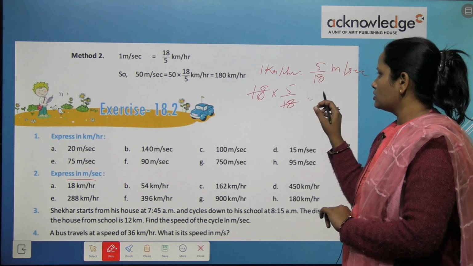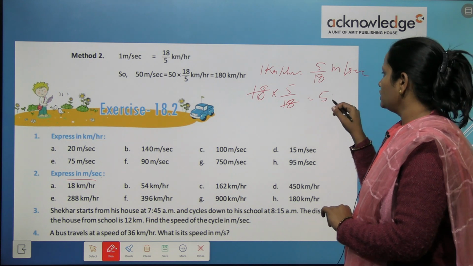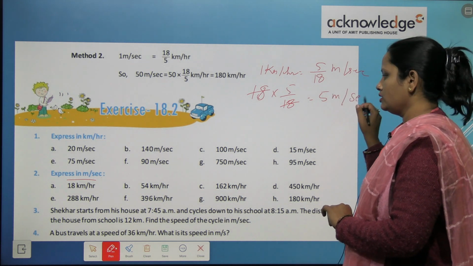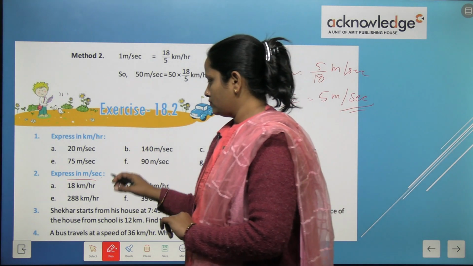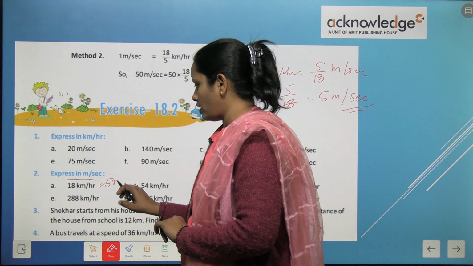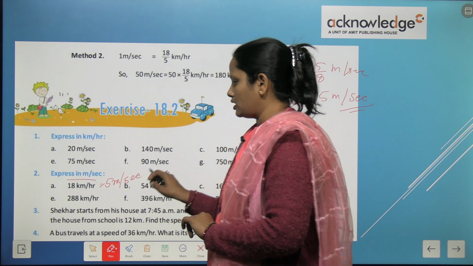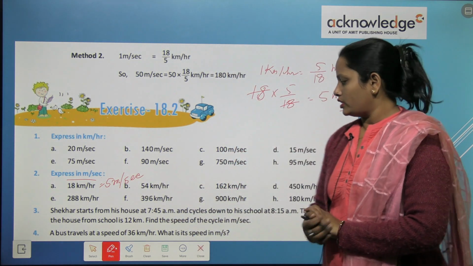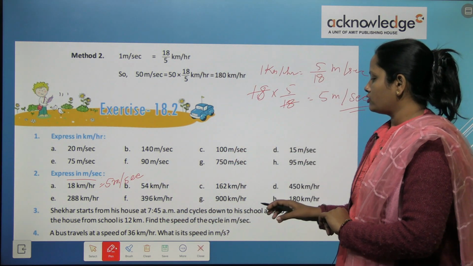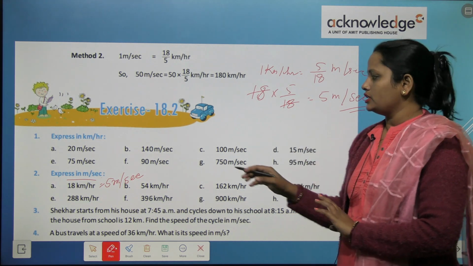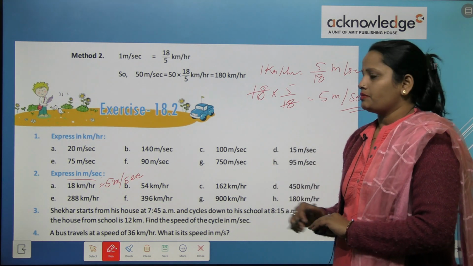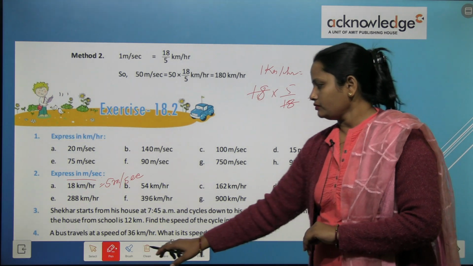So we will get only 5 meter per second. So here the answer is 5 meter per second. Similarly, children, you have to do the rest of the questions. You have to multiply all these numbers by 5 upon 18 to convert them into meter per second.